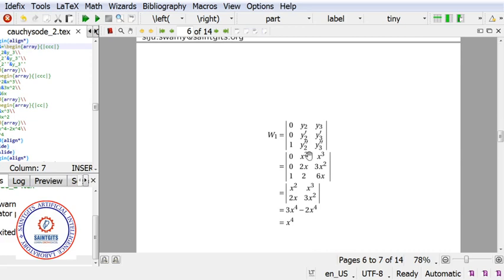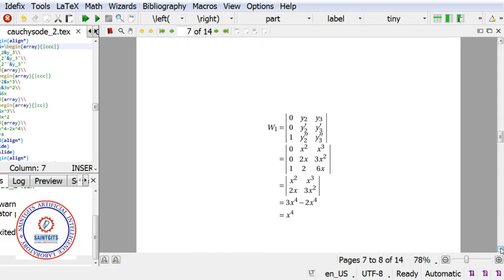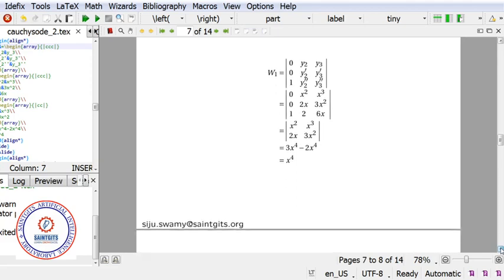Now we expand this determinant about the first column, because all other entries in the first column are 0 except the last one. When I expand this, I got x square into the determinant x square, x cube, 2x, 3x square. So x square into 3x square minus 2x into x cube, that is 3x raised to 4 minus 2x raised to 4. So we got x raised to 4. We are familiar with this evaluation of determinants in the previous session.